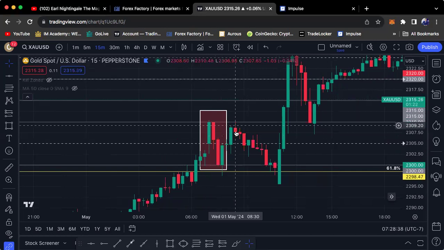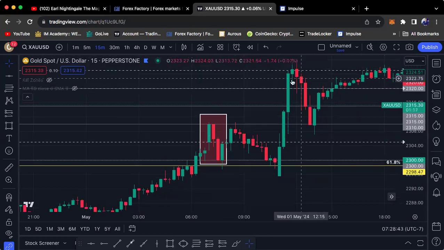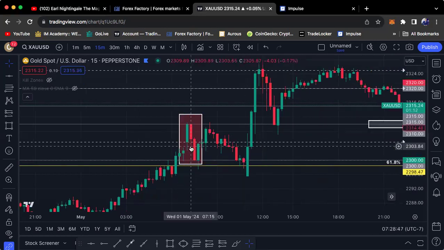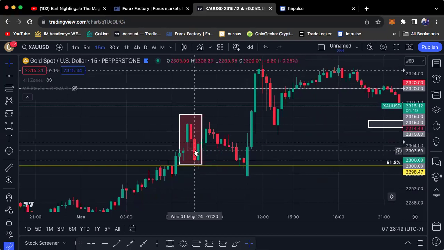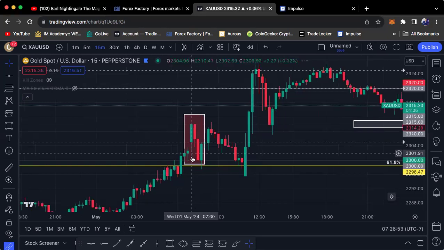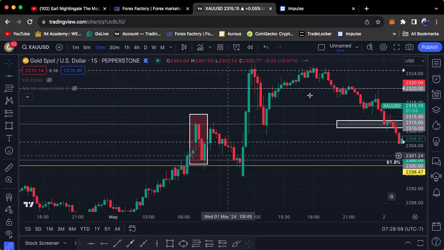But in this case, price shot up. And this was at 7, 7:15, 7:30. But the overall momentum was to the upside. You guys see that?